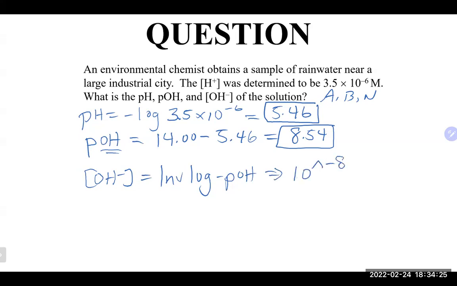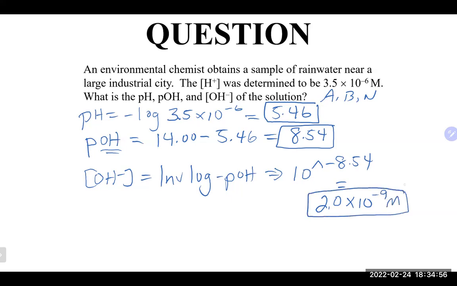Make sure you make it negative 8.54. Again, my calculator is cutting off, so I'm just going to call it 2.0 times 10 to the minus 9, I believe, if I did not mess that up.